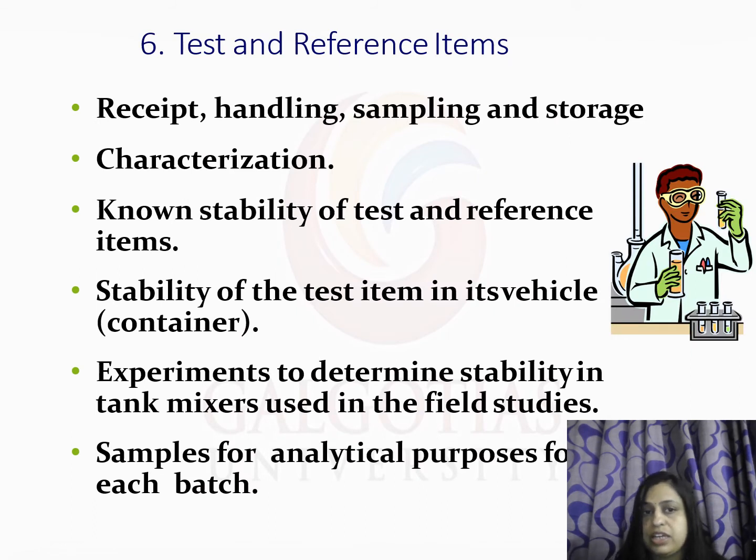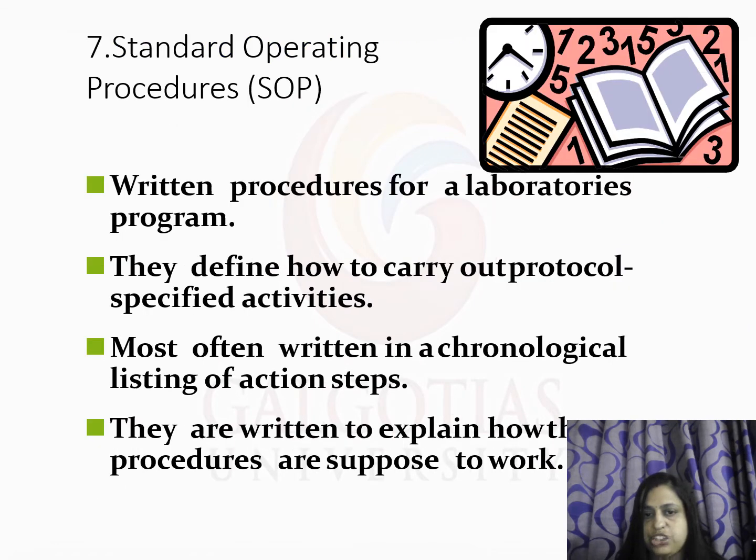Test and reference items: receipt, handling, sampling and storage, characterization, stability of the test and reference item, stability of the test item in its vehicle, experiments to determine stability in tank mixers used in field studies, and samples for analytical purposes from each batch.